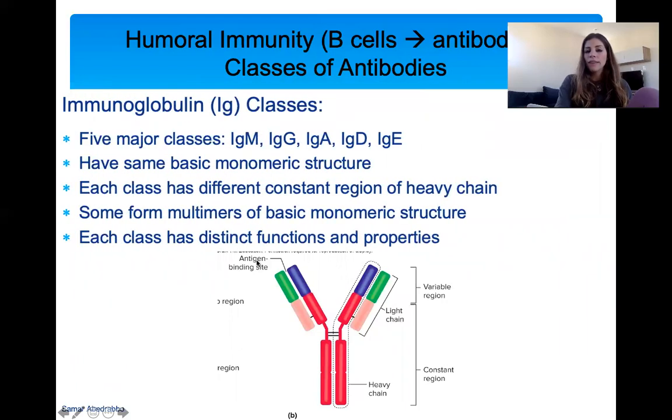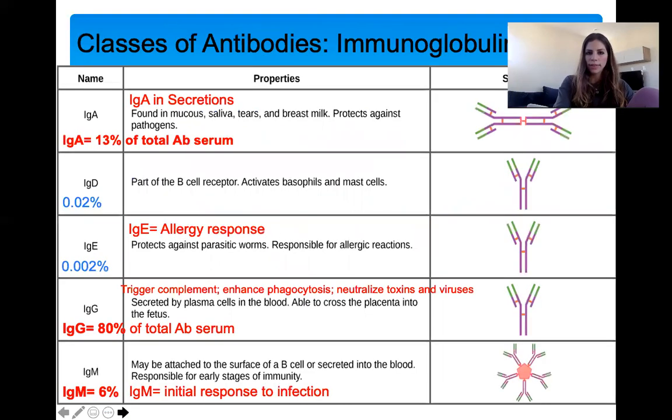And there are 5 different classes of antibodies, or immunoglobulins, as we call them: IgM, IgG, IgA, IgD, and IgE. They have the same basic structure, but they're found in different areas in different amounts, and they have different functions and properties. So we're going to go over that.